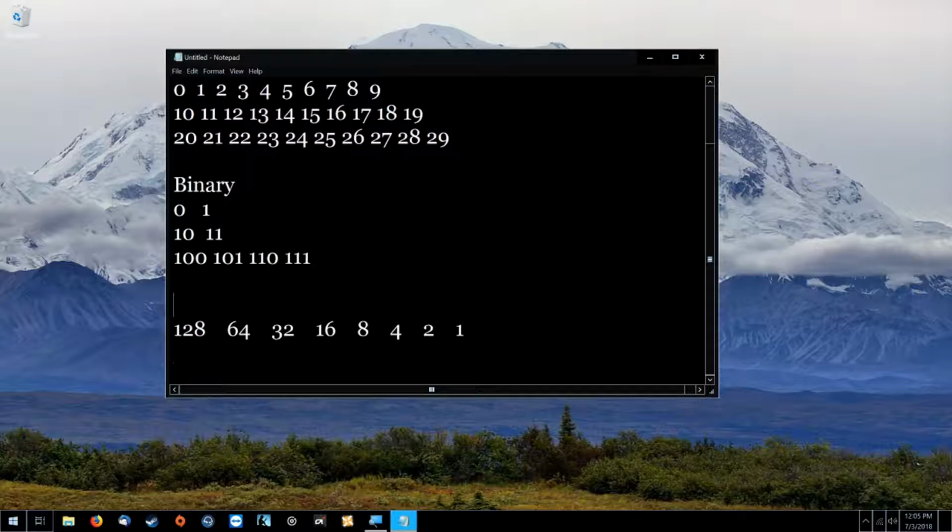So let's take a binary number, 10101010, right? Okay, sorry, I'm going to make sure I had 8 digits there.